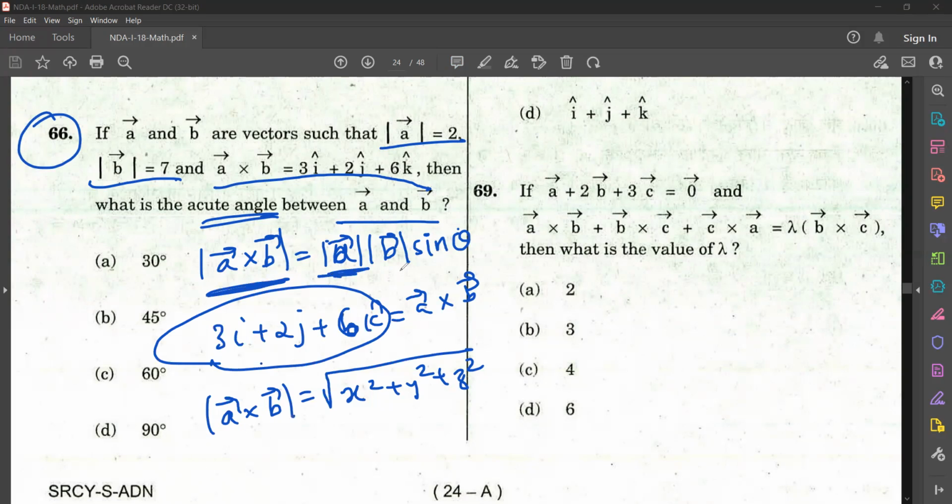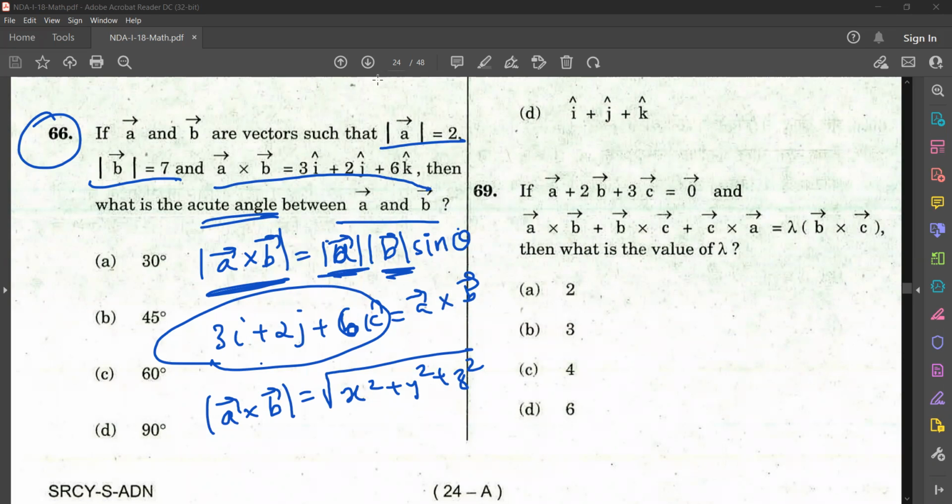Then magnitude of A and magnitude of B are given.